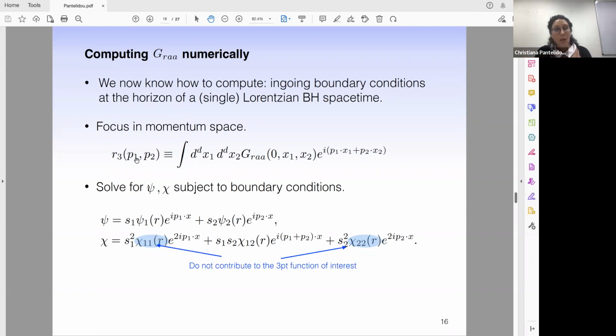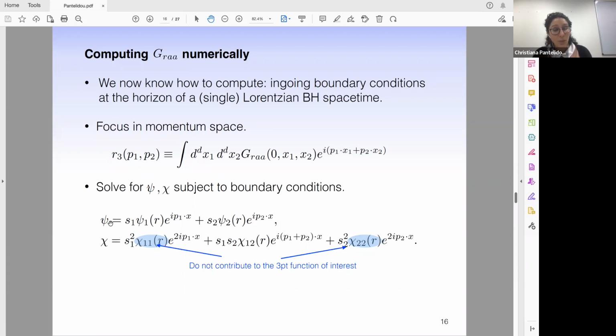Okay. And just like before, we need to solve the equation for psi and chi. Remember, now we have just one single segment, so these fields are not piecewise anymore. In order to solve the equations for these two scalars, we start by introducing an ansatz.